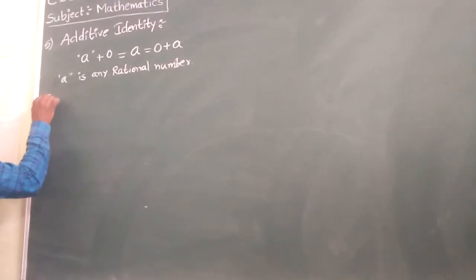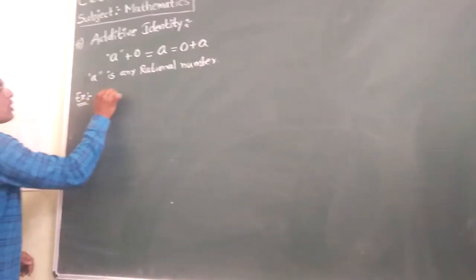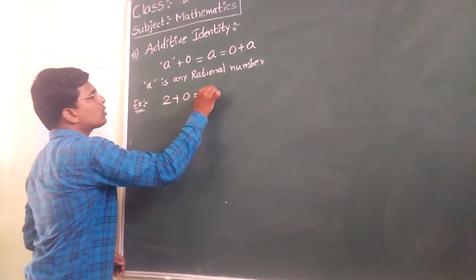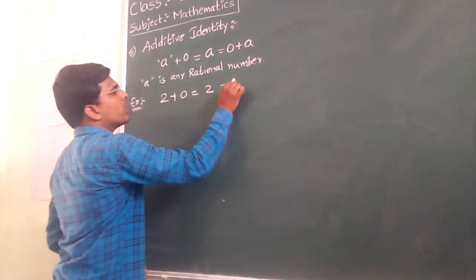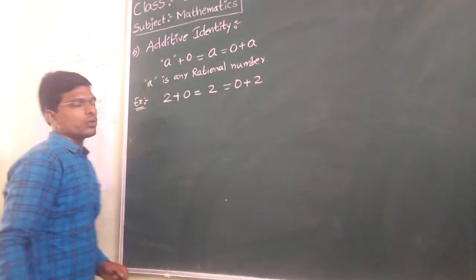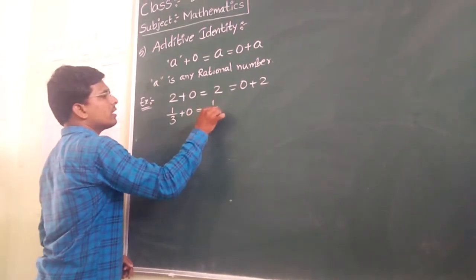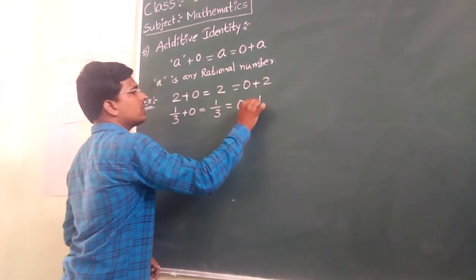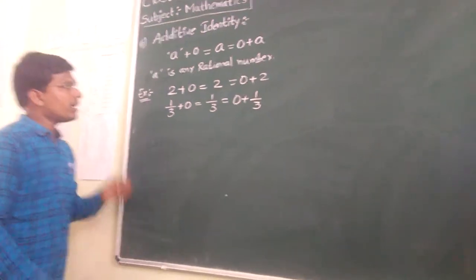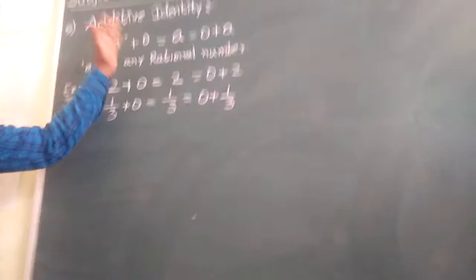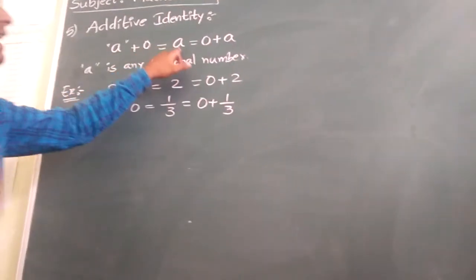For example, 2 plus 0 is equal to 2, or 0 plus 2 is equal to 2, or 1 by 3 plus 0 is equal to 1 by 3, or you can take 0 plus 1 by 3 also. If you add any number to 0, you will get the same number.